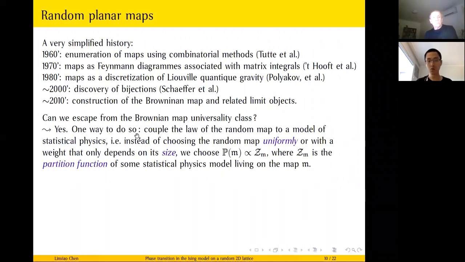One way to do so is to not choose the random planar maps uniformly from a class, but choose them with a probability that is proportional to the partition function of some statistical physics model that lives on the map. So as you might guess, today I will talk about the choice which consists of weighting the planar maps with the partition function of an Ising model.